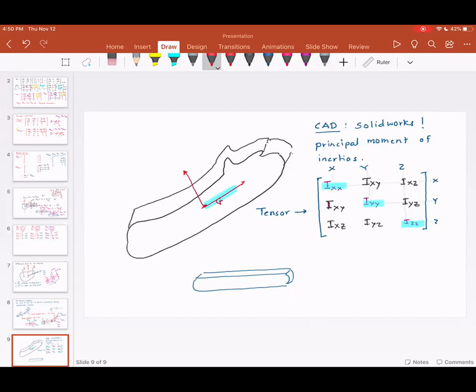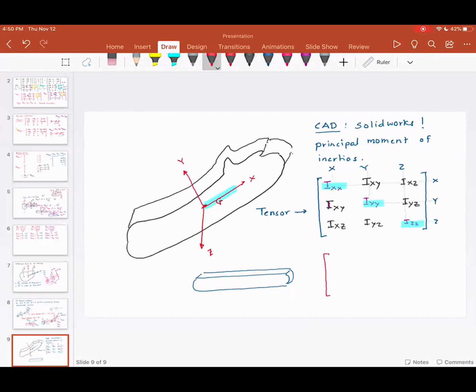And then there is some axis, I'm going to call this X, Y, Z. If you find the moment of inertia about this particular axis, then you will have off-diagonal terms at zeros.